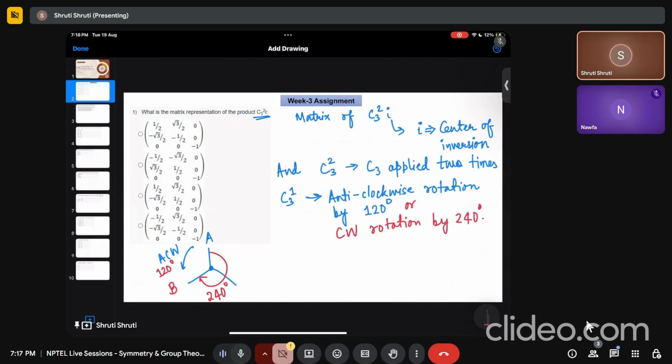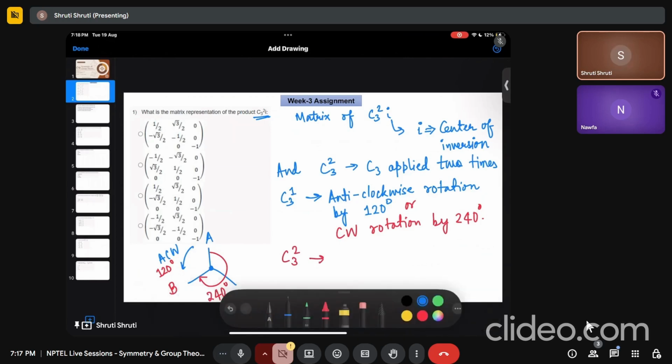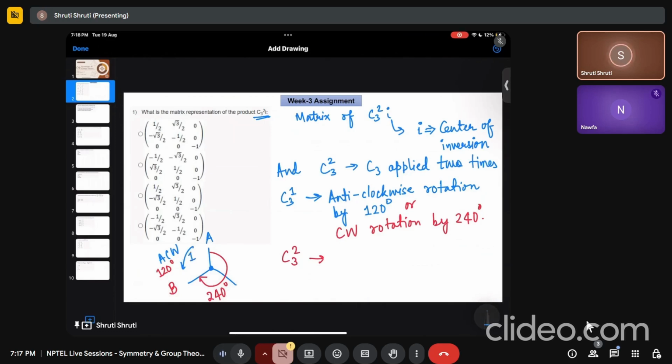Fine. Then if you apply C3 twice, this is 1 and this is 2, that means it is anti-clockwise rotation by 240 degrees, or clockwise rotation, from here to here, by 120 degrees.